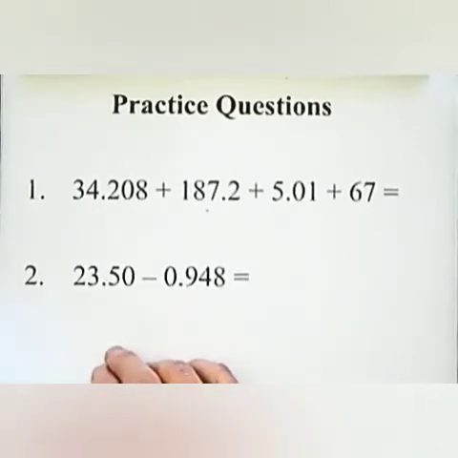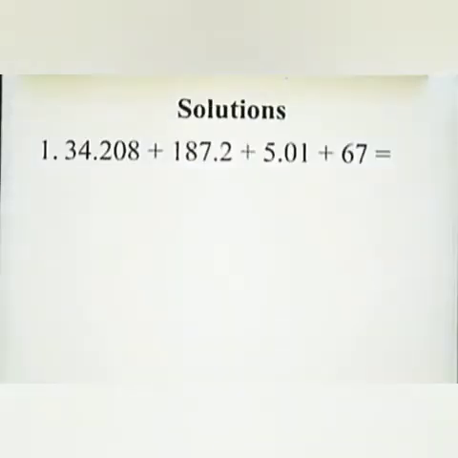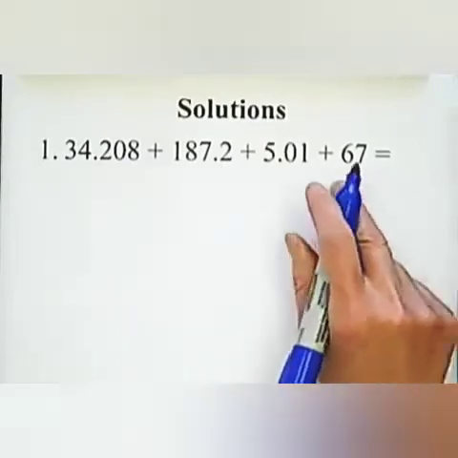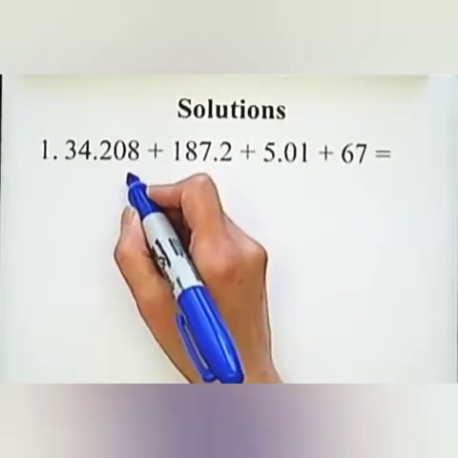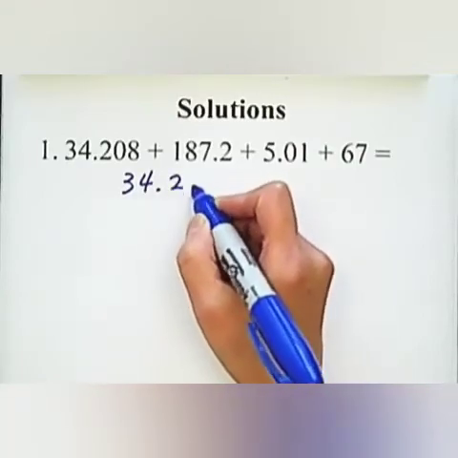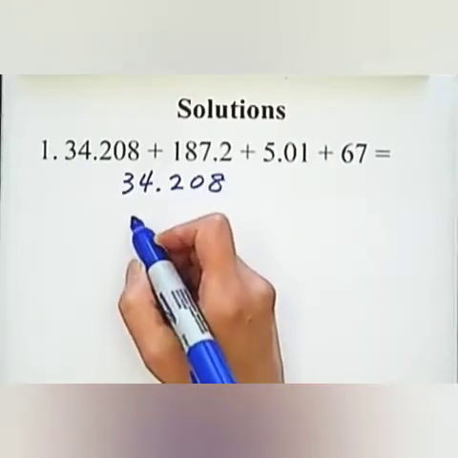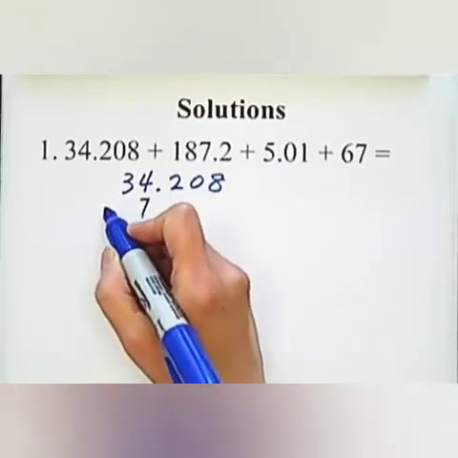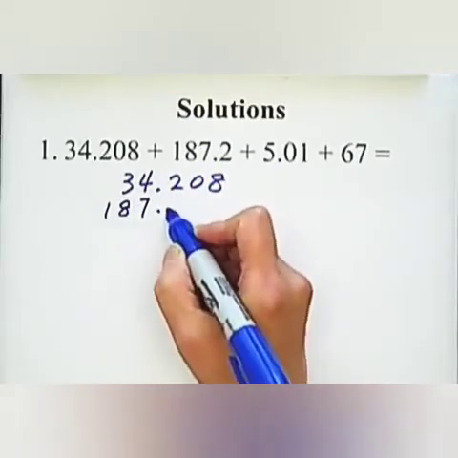So after practicing, you can see our solution. 34, line up the decimal point, 34.208, 187.7, 1 digit, so 187.2.